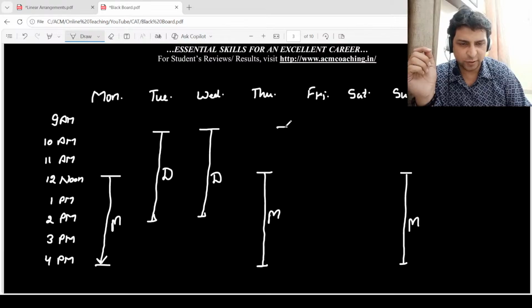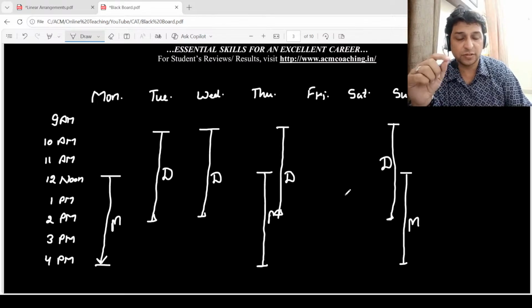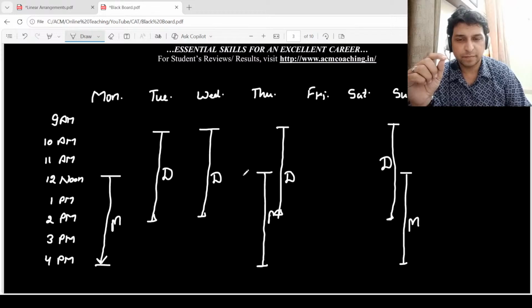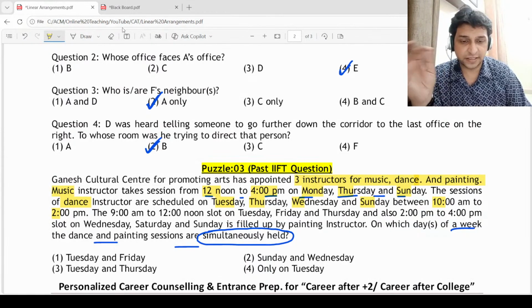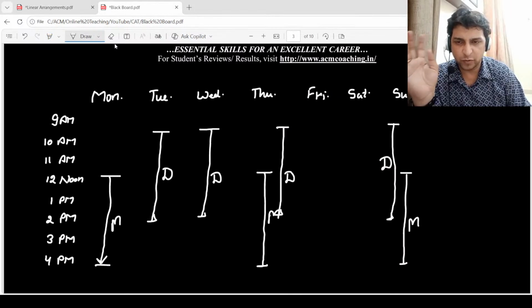Now Thursday, it is getting overlapped till 2, dance. And Sunday, this is also getting overlapped till 2 p.m. So that starts at 2 and that goes till 2, so there's a difference. Understand that carefully. So Tuesday, Wednesday, Thursday, 10 a.m. to 2 p.m., that we have booked.